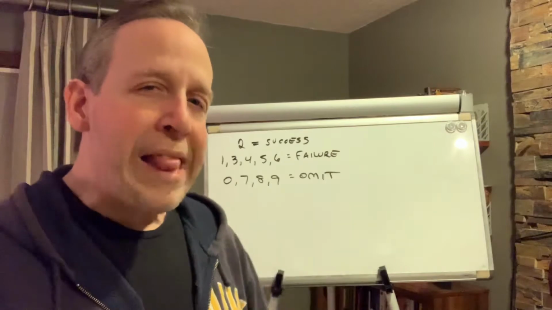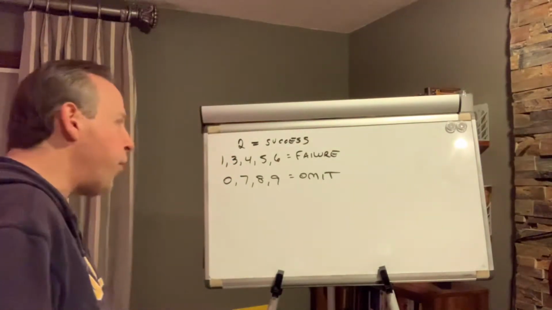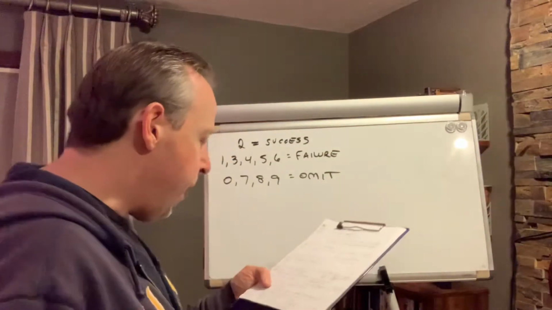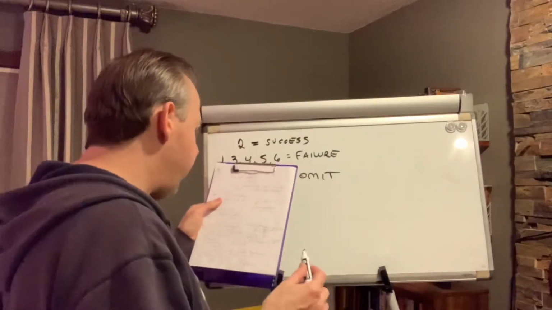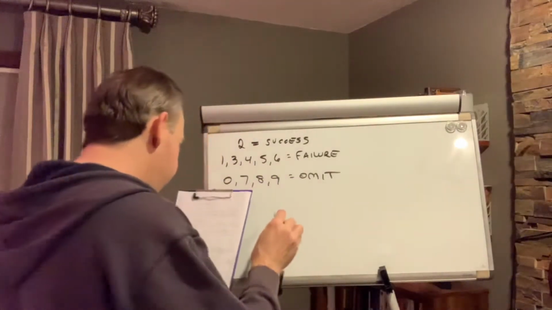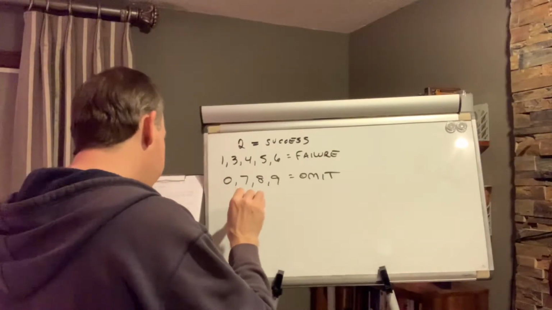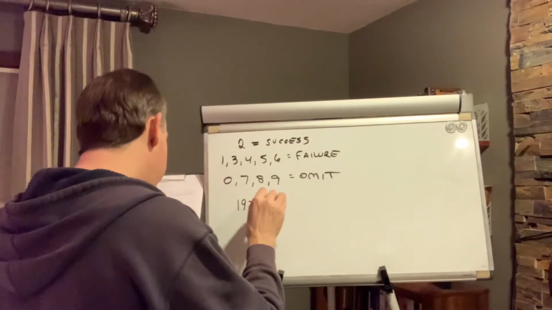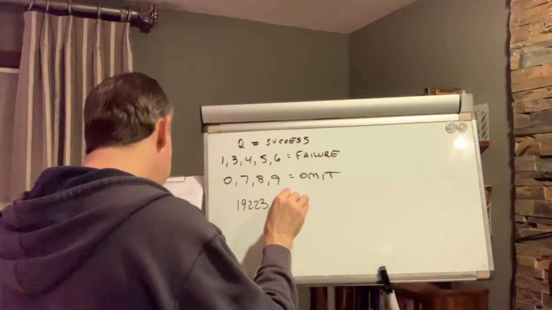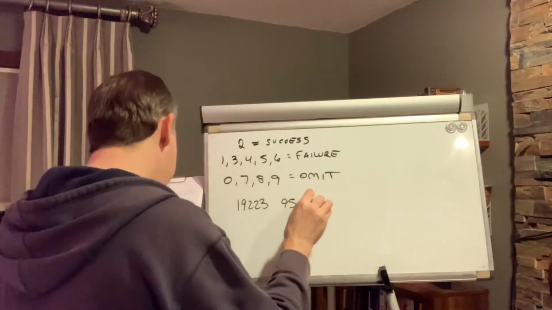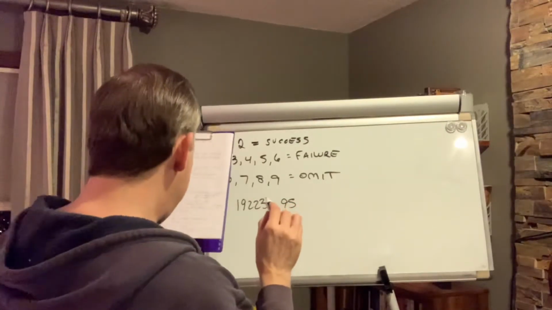I'm going to start with line 101 on the random digit table. Now I'm going to write down over here what line 101 looks like, and then we'll go through that. So it's, let's see, 19223, 95034.